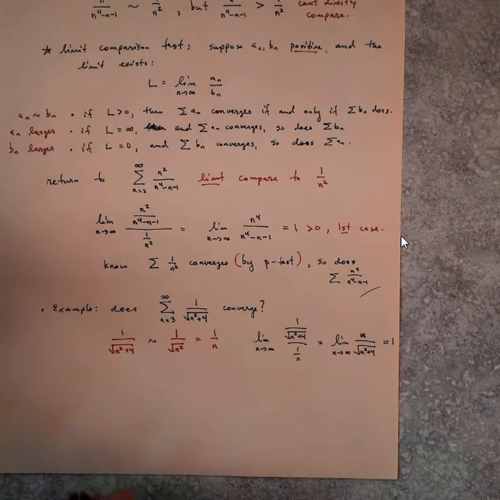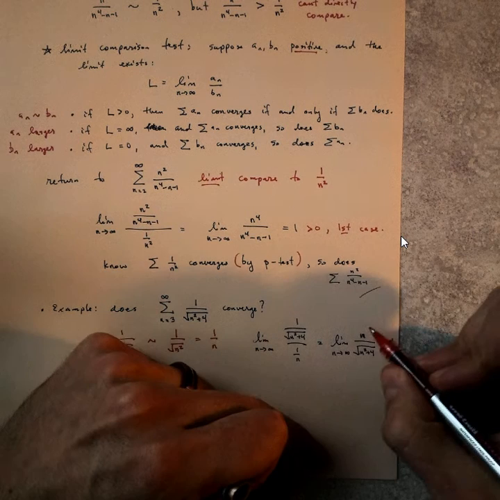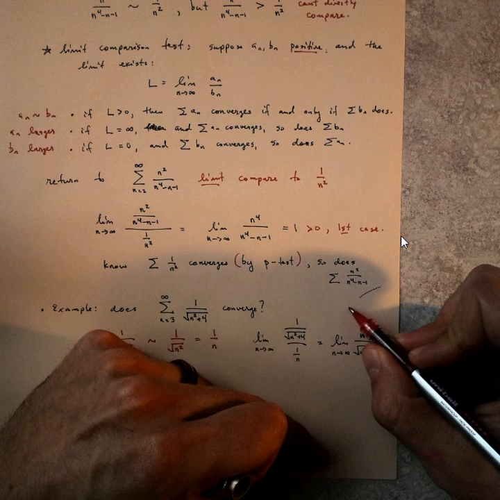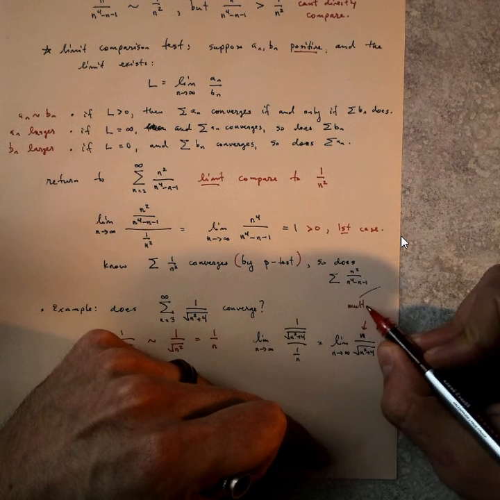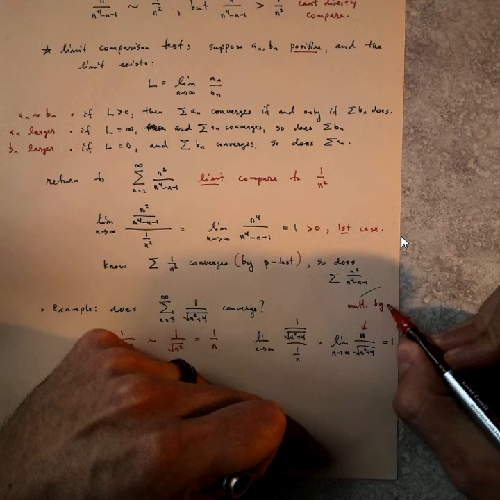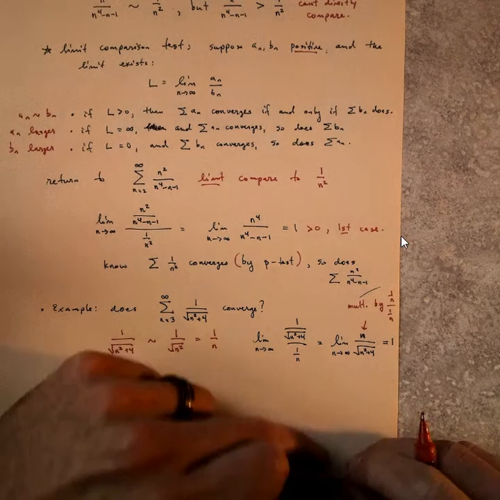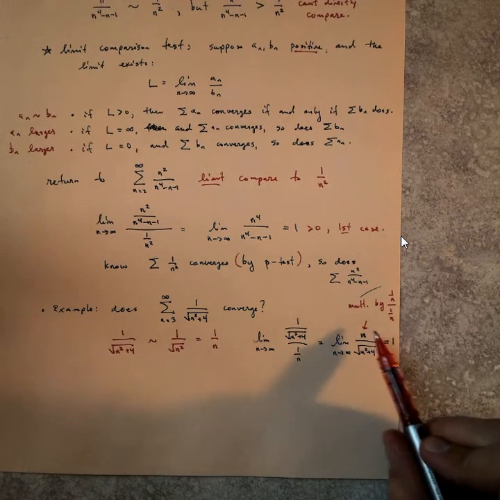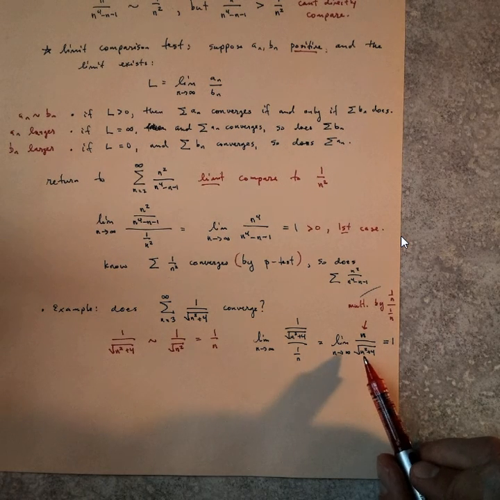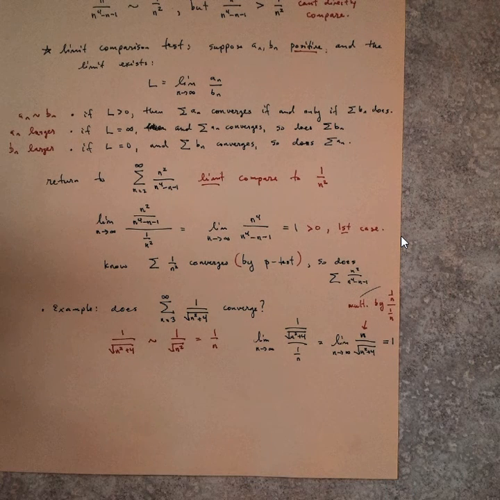So the way to see that is to multiply the top and the bottom by 1 over n and simplify. What you'll get is 1, so that's a pretty straightforward Calc 1 type of problem.